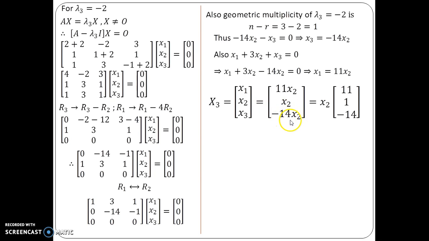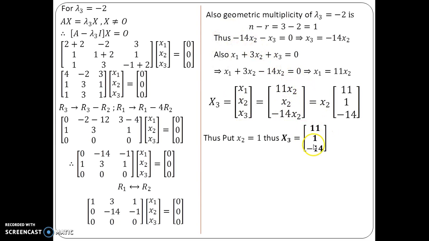x3 is minus 14 x2. So when I take x2 outside, I am left with the scalars 11, 1 and minus 14 in the matrix. So I plug in x2 equal to 1 and I obtain my capital X3 eigenvector as 11, 1 and minus 14.